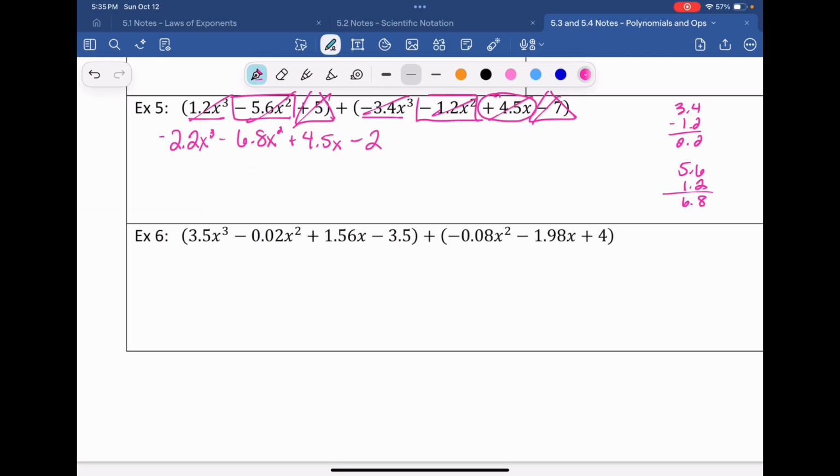All right, the highest exponent here is a 3, but it's the only one I have, so I'm just going to bring it down.